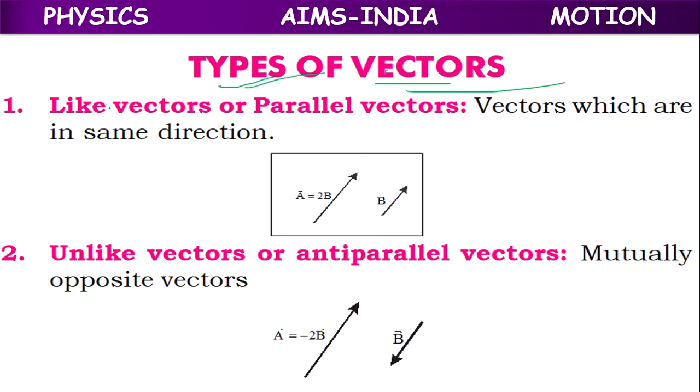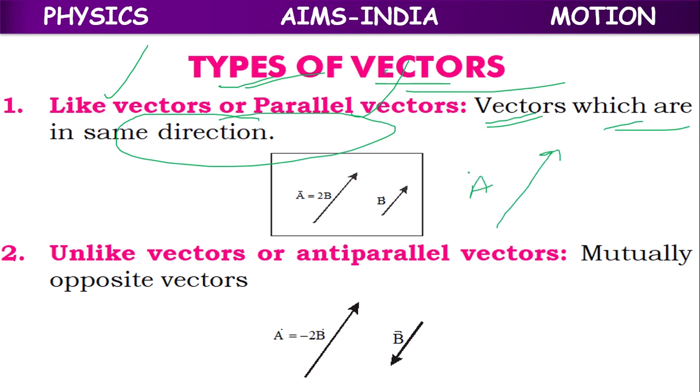First type is like vectors or parallel vectors, the vectors which are in the same direction. This A vector is going in the upward direction, and B vector is also going upward, but A vector equals 2 times B vector.